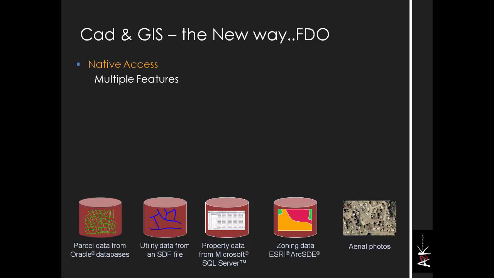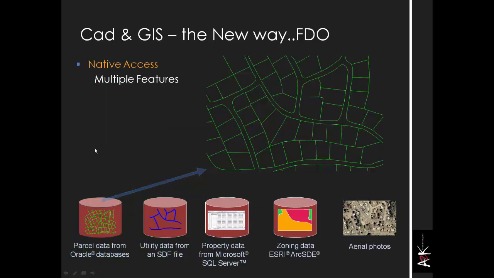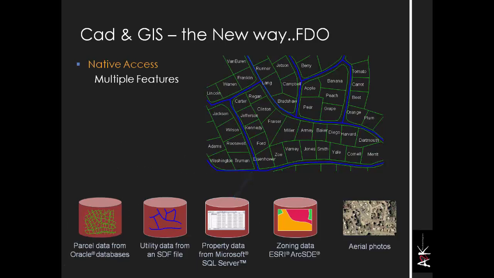In this example, you've got an Oracle database which is showing you the parcel outlines, or the lot outlines. A separate file completely, an SDF file, is showing you the utilities. So these show up here. Then the actual names of the parcels and who owns what, that's in an SQL server.